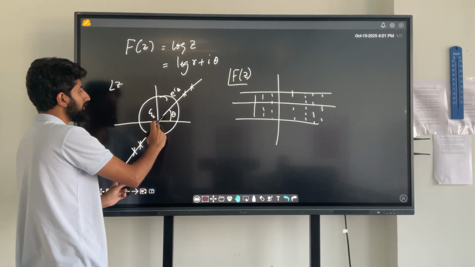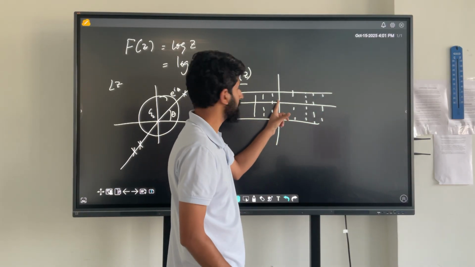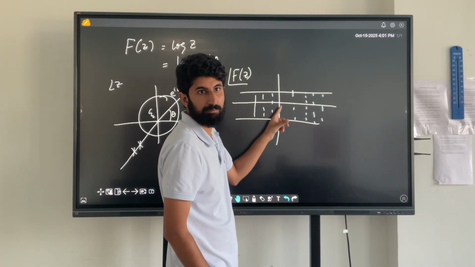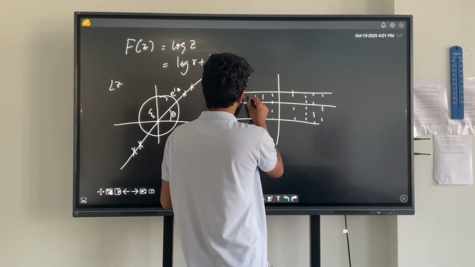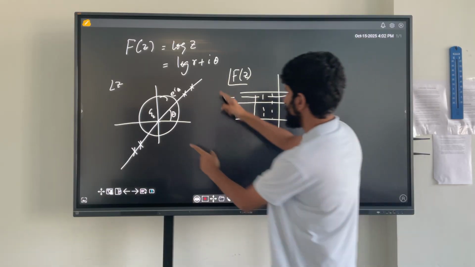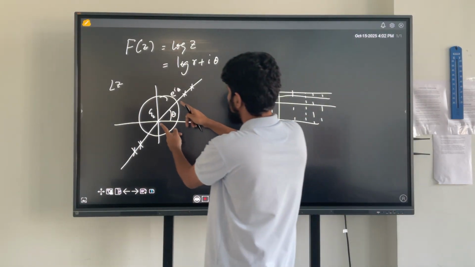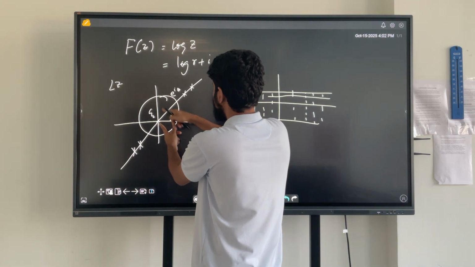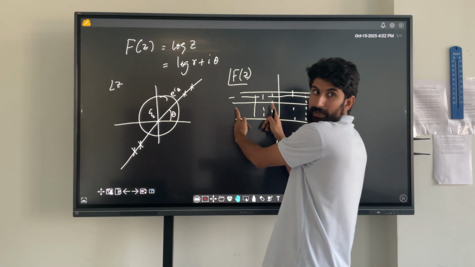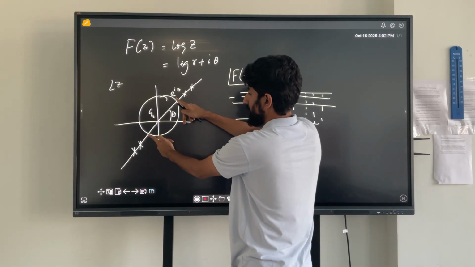So this part of the line will still get mapped to a horizontal line, but somewhere else, above it. Whatever statements I made were for this part of the line: the part inside the unit circle will get mapped from this point to this point, not the one that I displayed yesterday.